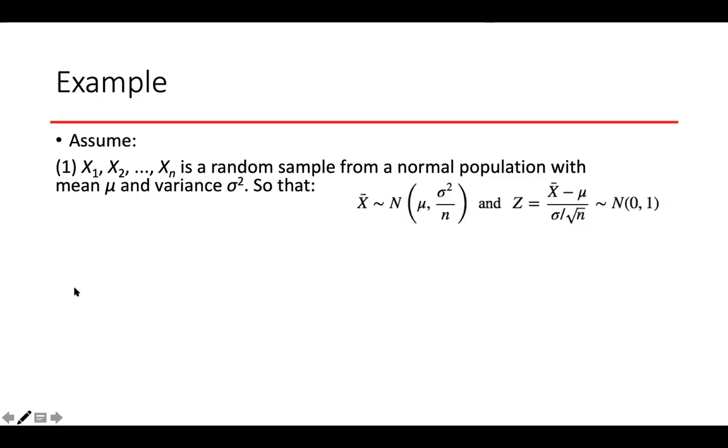Evet. So if you remember, we did this before. The X bar, the sample mean, has a normal distribution with a mean of mu, because this is from the central limit theorem, and this was again from the central limit theorem, with, what did we call this thing here?